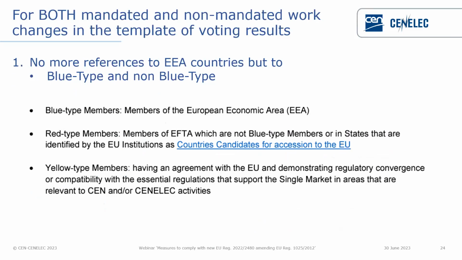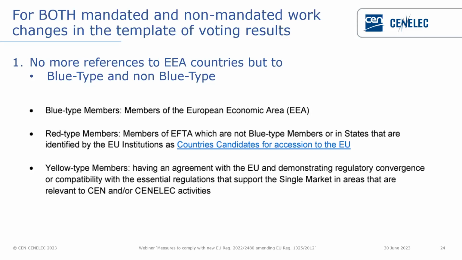As I said, the new voting policy has been defined for mandated work, so we will have new approval criteria. But there are also some changes which are, I would say, mainly editorial, that you will find in the template of the voting results for both mandated and non-mandated work.